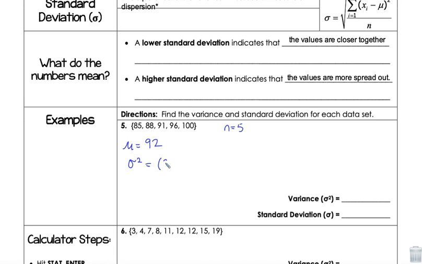And now solving for the variance, which is sigma, this symbol is called sigma squared. That's going to be 85 minus 92 squared plus 88 minus 92 quantity squared plus 91 minus 92 squared, 96, and 100.